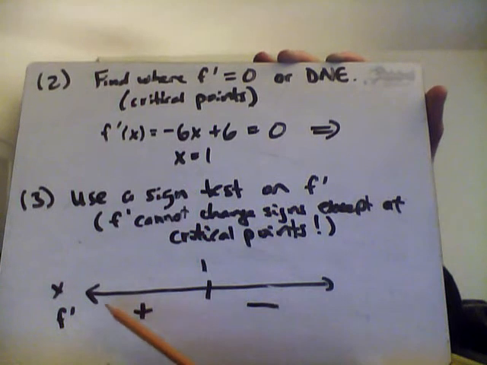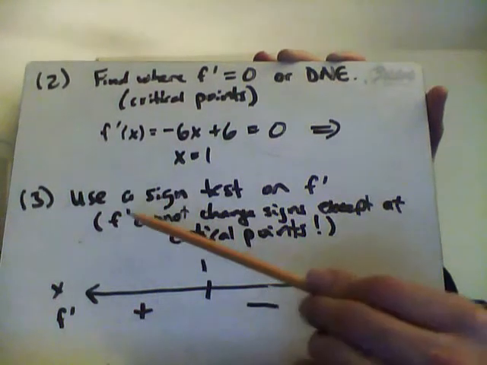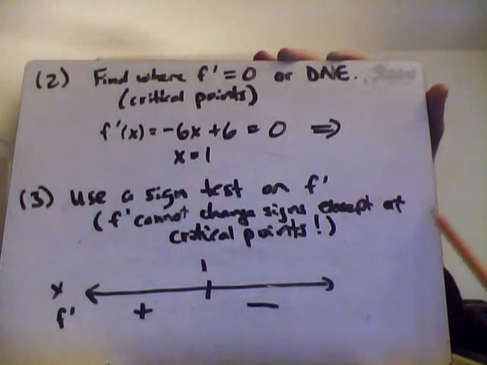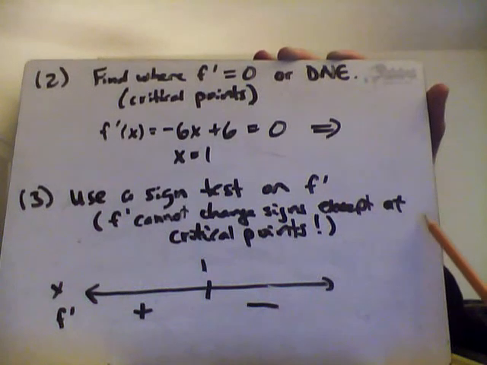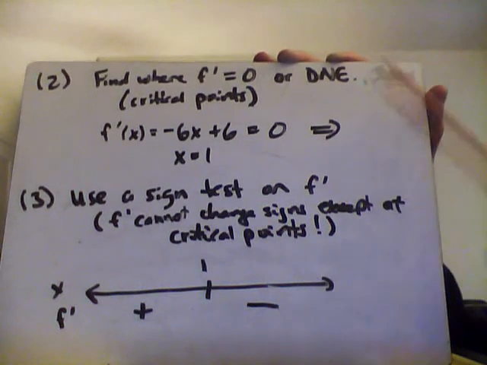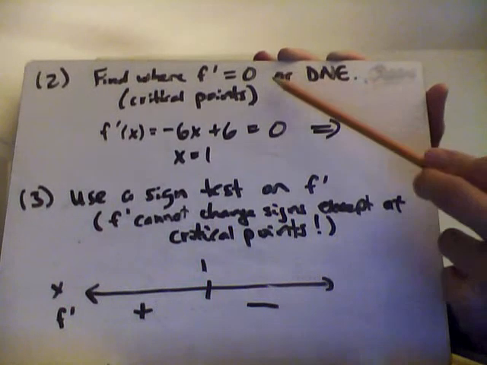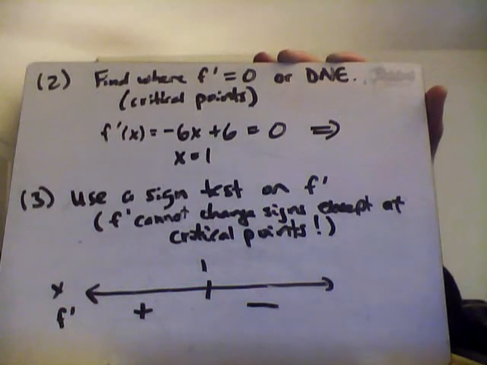Knowing whether our derivative is positive or negative will tell us whether the function increases or decreases. Notice that f prime cannot change signs except at critical points, whether the derivative jumps, as we might see where the derivative doesn't exist, or where the derivative is crossing an axis at points where the derivative is equal to 0.